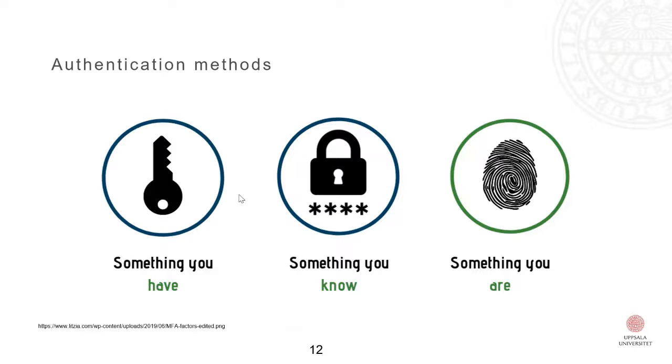In the next category, the authentication is based on something you know, for example, your username and password. In the last one, the authentication is based on something you are. For example, it requires your fingerprint or it requires your face.